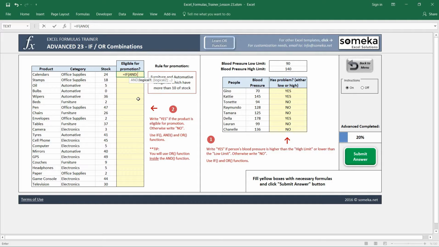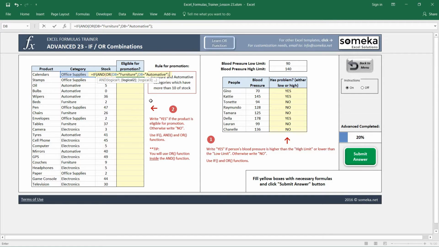In the AND function, I am going to write an OR in order to check if this category is equal to furniture or this category is equal to automotive. I close my OR function. The first comparison for AND is completed.